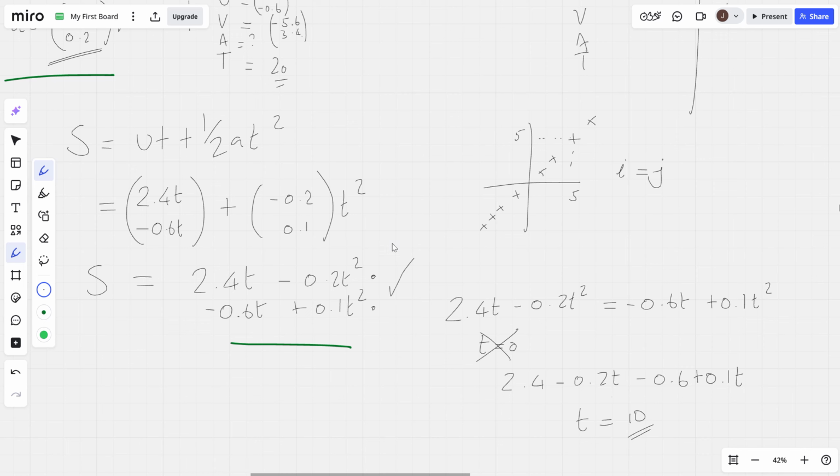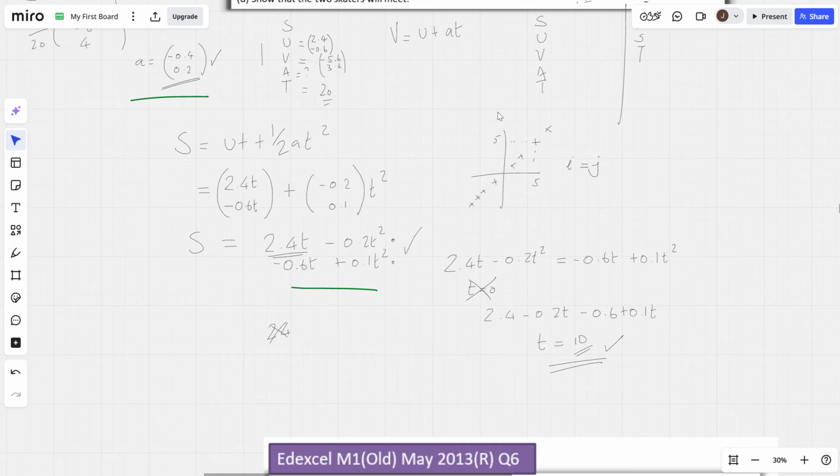You can check that one works if you like, but I know it works because 2.4 times 10 is 24, and 10 squared is 100, so it's 24 take away 20, which is 4. So t equals 10 should be when this happens.